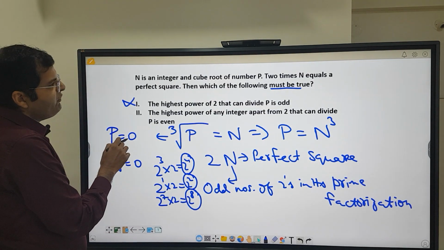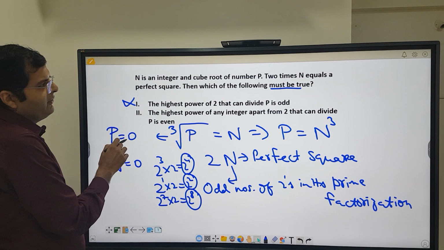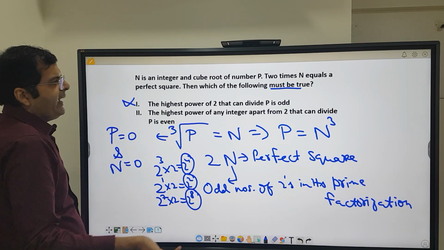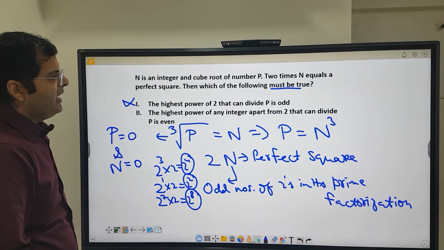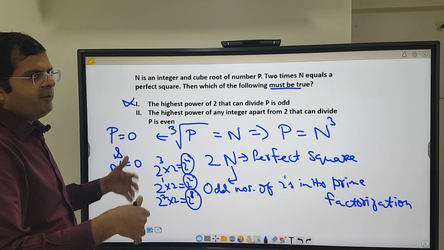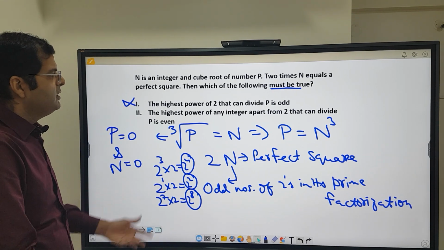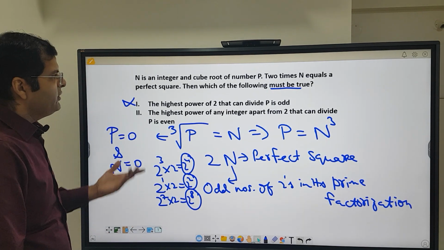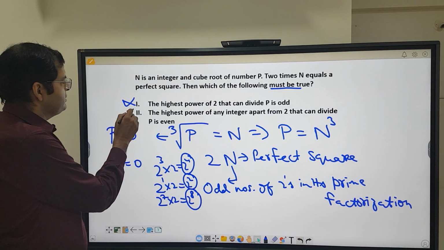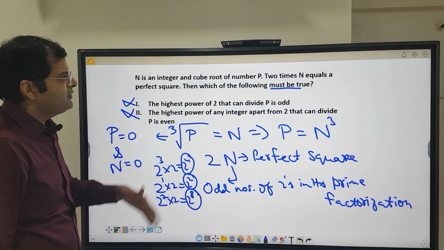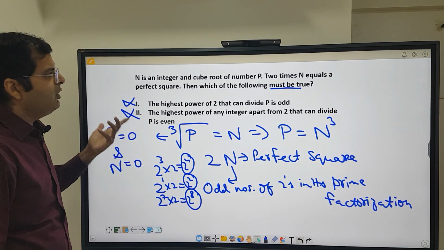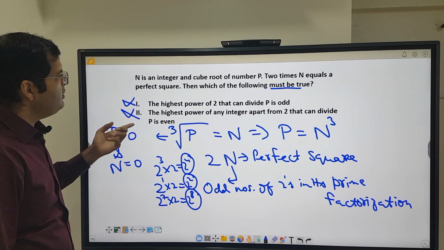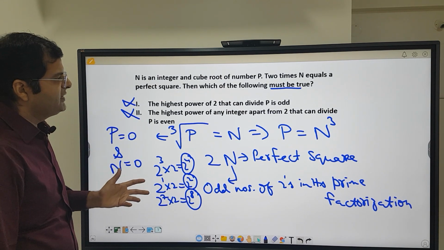But again we have to look at the case when p is 0. If p is 0, any power apart from 2 can divide. 0 upon 3, 0 upon 3 square, 0 upon 3 cube. So the highest power can be anything. So is this always true again? No, this is also not always true. So which of the following must be true? None of them. Neither 1 nor 2 must be true.